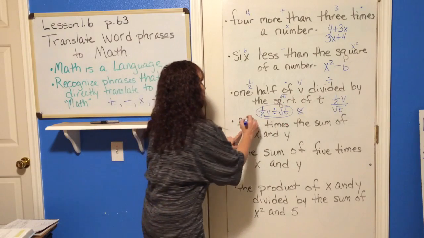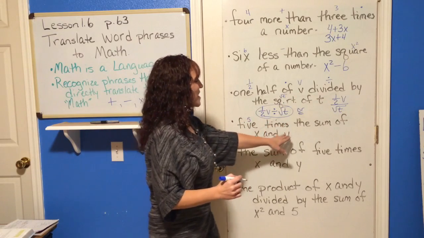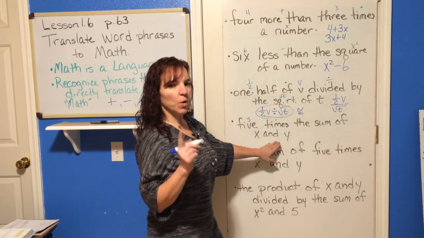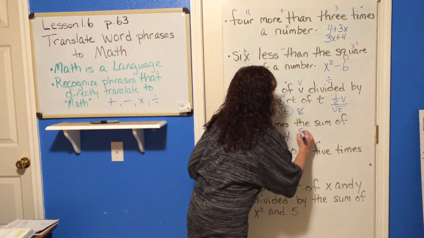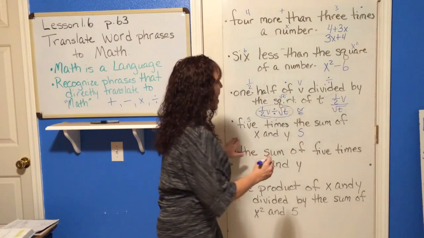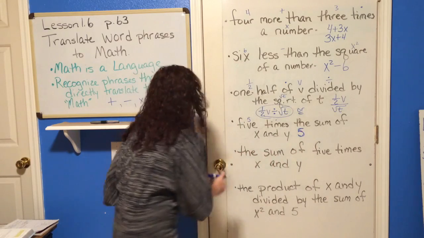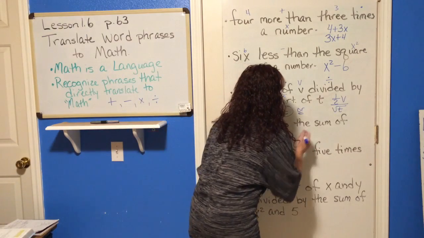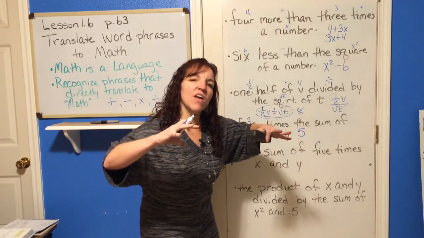Okay, 5 times, now we got to be careful because this says the sum of x and y. So now we're going to take 5 times something, but we're going to take 5 times a sum. So the sum means we're going to add something. So in this case, we're going to multiply the 5 times a sum.